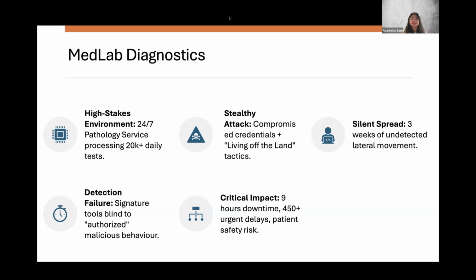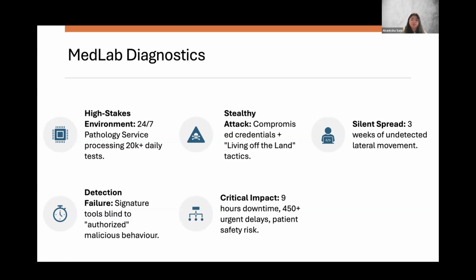An advanced persistent threat group compromised a single workstation using stolen credentials. Because the attacker used valid logins and standard administrative tools, and used tactics such as living off the land, they moved laterally through the network for weeks without triggering any signature based alarm.